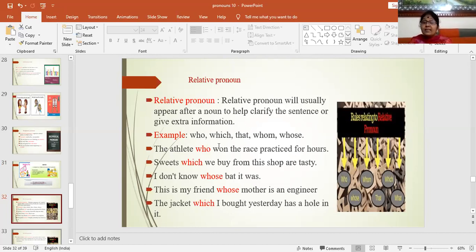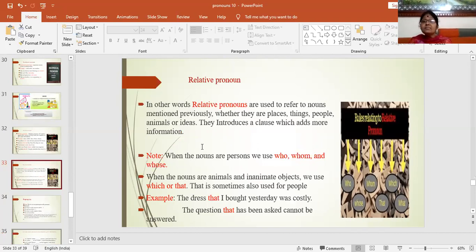So what is a relative pronoun? A relative pronoun will usually appear after a noun to help clarify the sentence or give extra information. In other words, relative pronouns are used to refer to nouns mentioned previously, whether they are places, things, people, animals, or ideas.